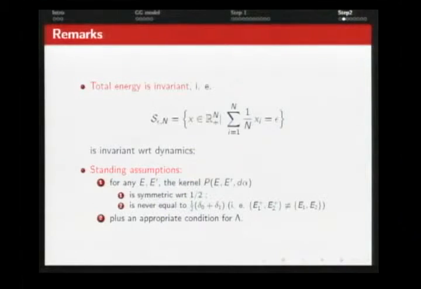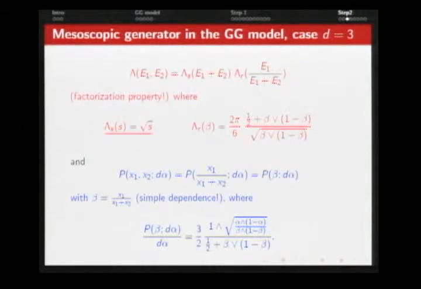And then it's easy to see that the total energy remains invariant. There are some simple assumptions: the transition kernel is symmetric with respect to 1/2 and is not degenerate. Actually, the Gaspar-Gilbert model in dimension 3 satisfies our conditions, so it's a special case of our general generator.